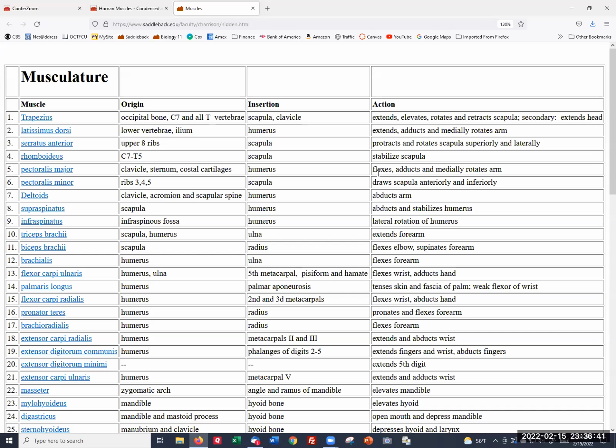Well, there's about 60 or so muscles here. And on the 60 that are human, these are 60 actions. On the 60 that are cat, there are about 54 that match.